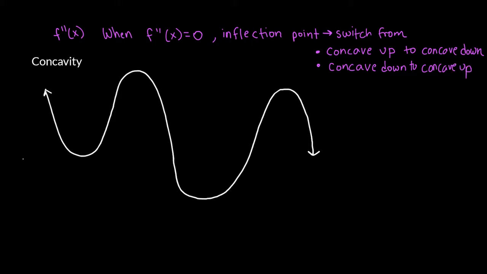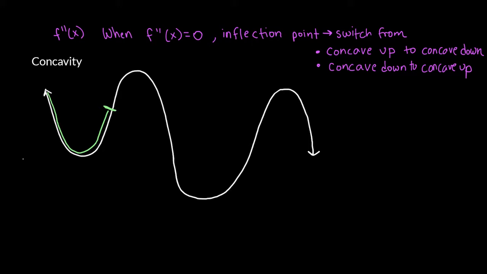Okay, so a graph is concave up when it's opening up. So this particular graph is concave up for this whole section until about right here.